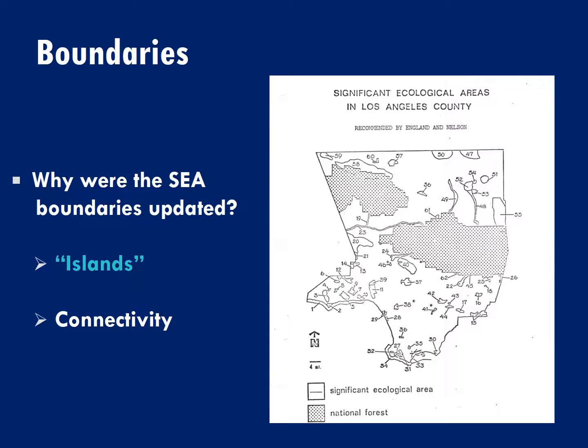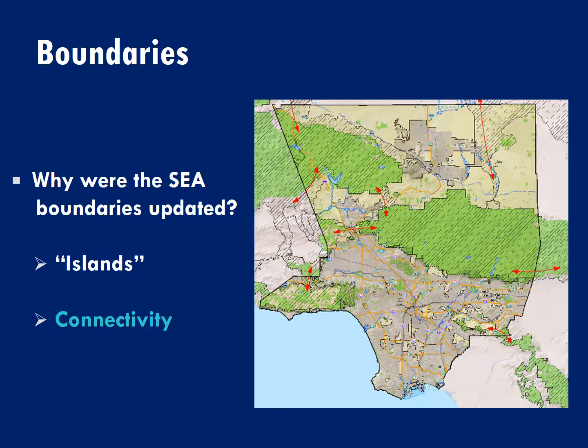When they were adopted in 1980, the SEAs were islands, or areas where pristine habitat could be preserved. We now know that connectivity is what keeps a habitat and its inhabitants healthy. So more area is needed to ensure wildlife movement and genetic diversity. Now that the areas are bigger, the necessary buffering to protect those resources is built in.